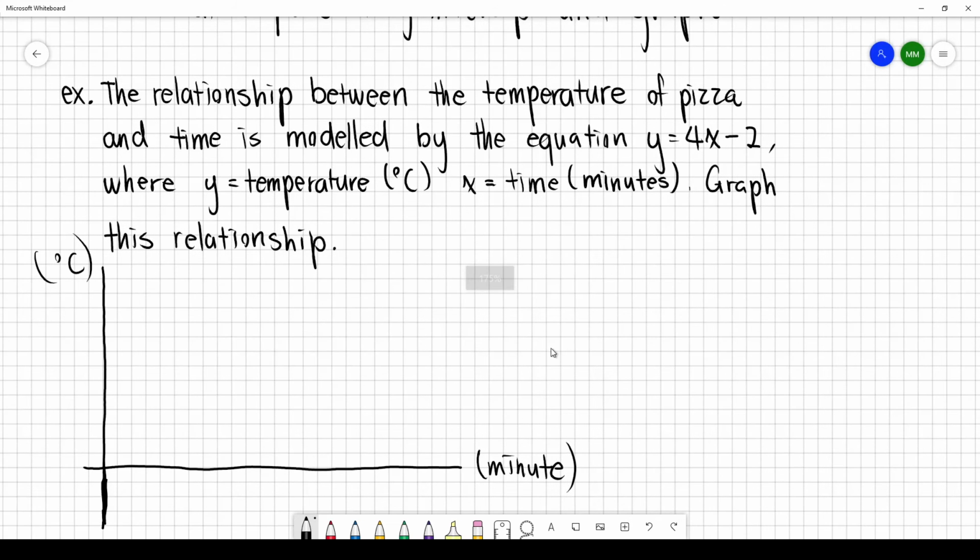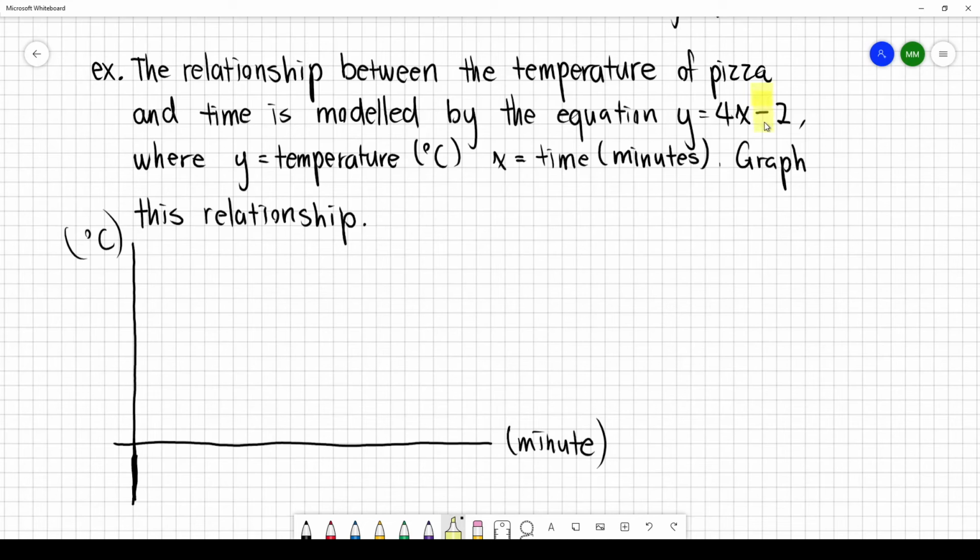So the y-intercept, -2, somewhere here. And then the slope is 4. So that means when I go across one, I'm gonna go up 4. Across one, go up 4. So combined with the y-intercept at -2, the temperature of the pizza as a function of time is something like this.